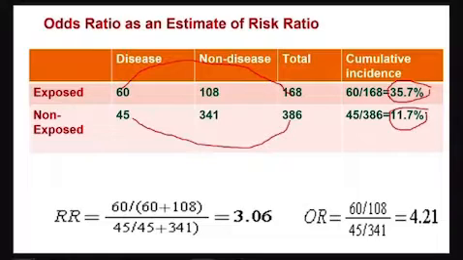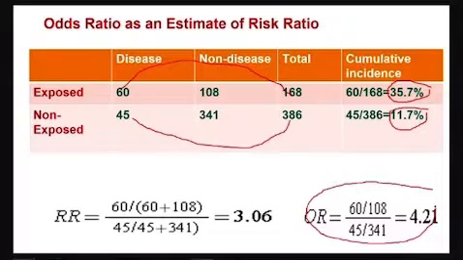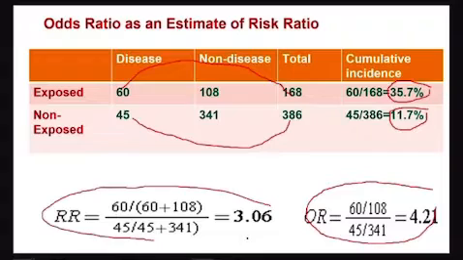And alternatively, take a look at this. Calculating the odds ratio, what has happened? 4.21. So the odds ratio is not appropriate here, but what is appropriate is the relative risk. You asked about RR the other time, right? RR is relative risk, this guy. You can see the relative risk gives 3.06. The odds ratio gives more.